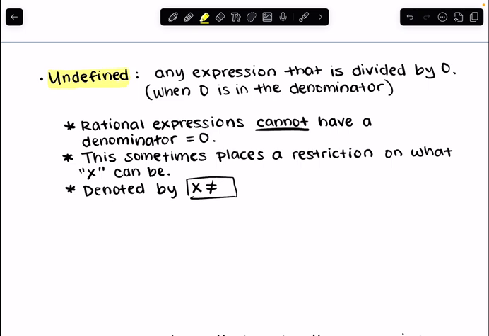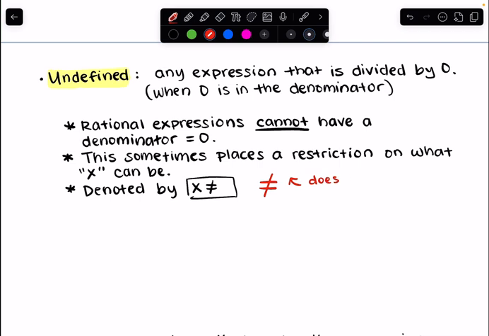And so when this happens, we denote it by this right here. And so that says x cannot equal whatever. So again, it looks like a normal equal sign, but there's a slash in it. So this just means does not equal, or it can't equal, whatever that value is.